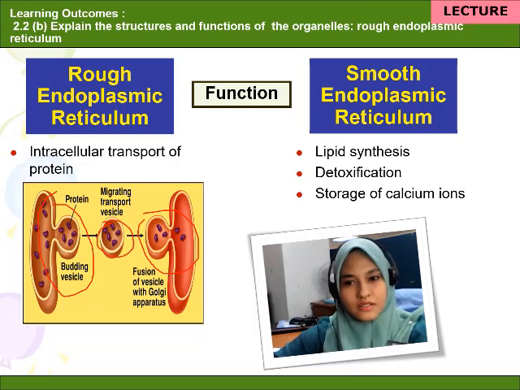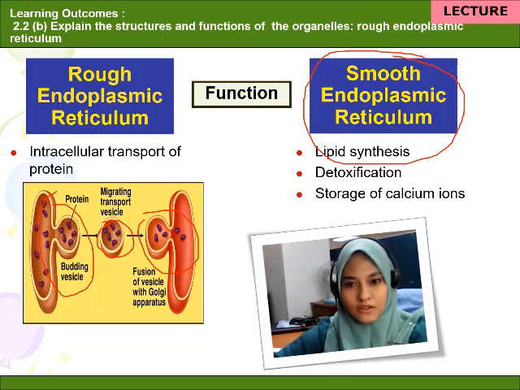The smooth endoplasmic reticulum functions as a site of lipid synthesis, detoxification of toxic waste, for example drugs and poisons, and also the storage of calcium ions, specifically in the skeletal muscle.